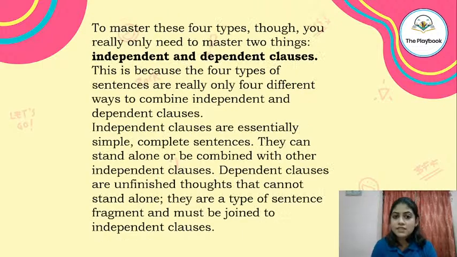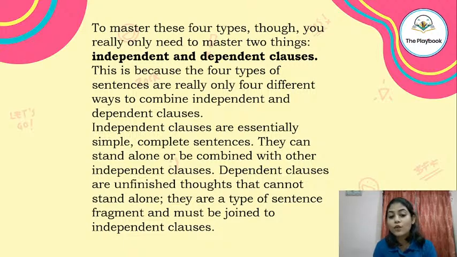Now, to master these four types, you really need to master only two things: independent and dependent clauses. We have already discussed clauses in our previous sessions. There are two types of clauses, independent and dependent clauses. The four types of sentences are really only four different ways to combine independent and dependent clauses. Independent clauses are essentially simple and complete sentences.